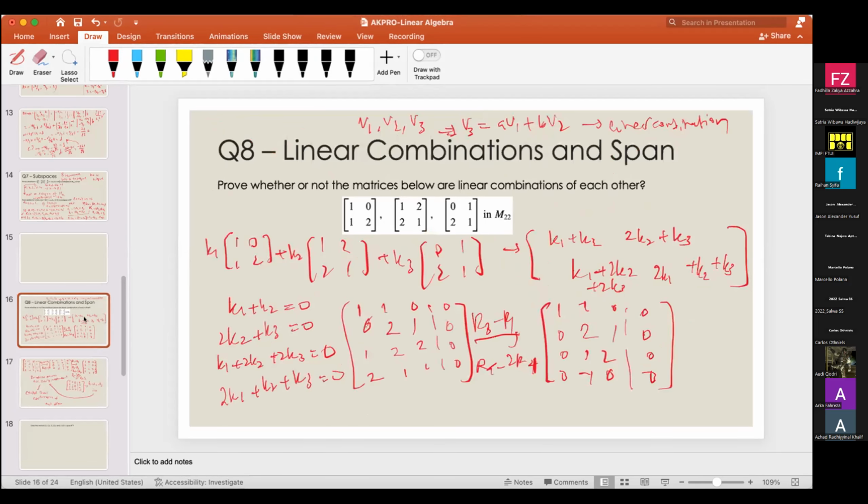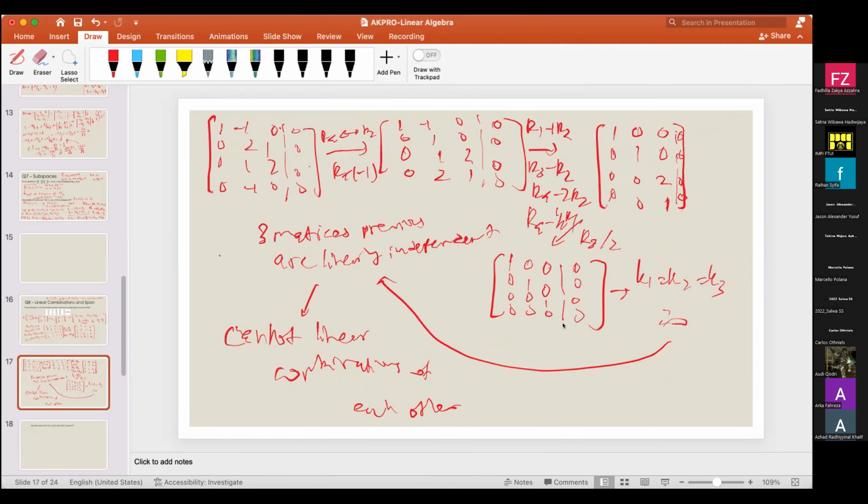The strategy to determine whether or not K1, K2, and K3 are linearly dependent on each other or can be expressed is to do trial and error, to see if it will yield a value here. If there's a value here, that means it will be linearly dependent.